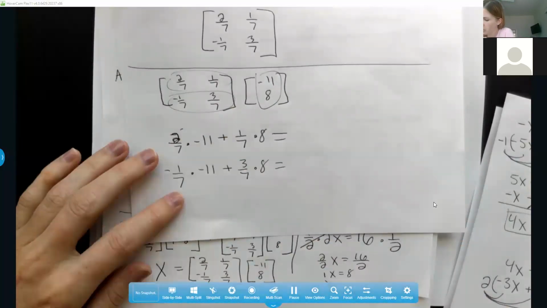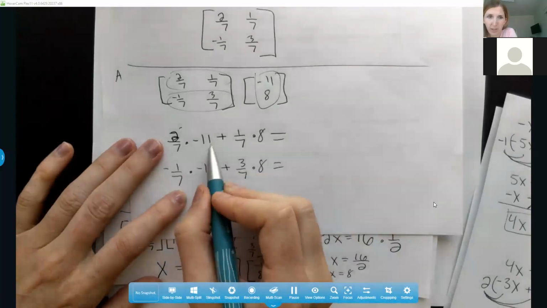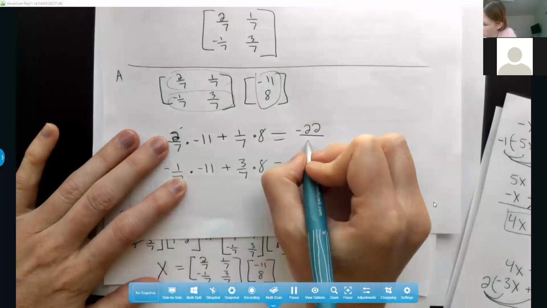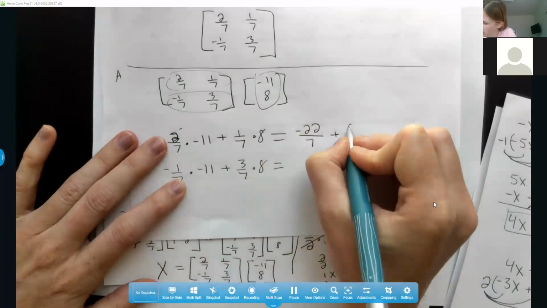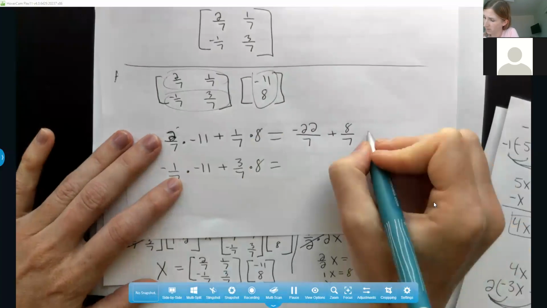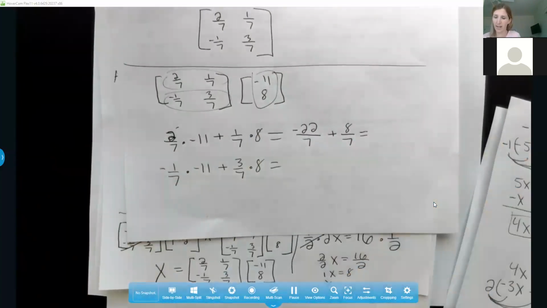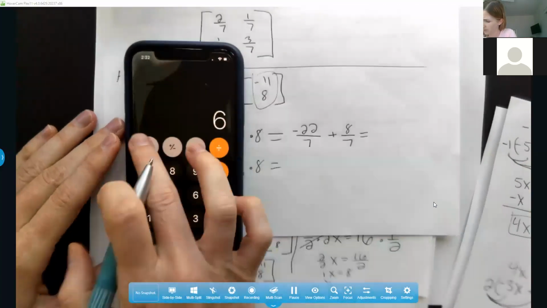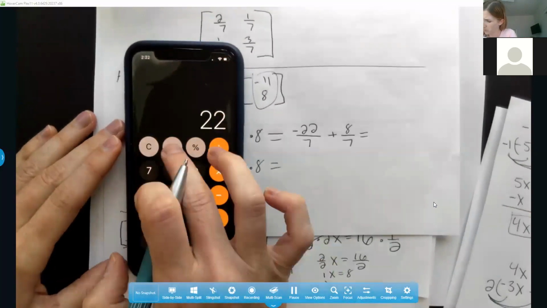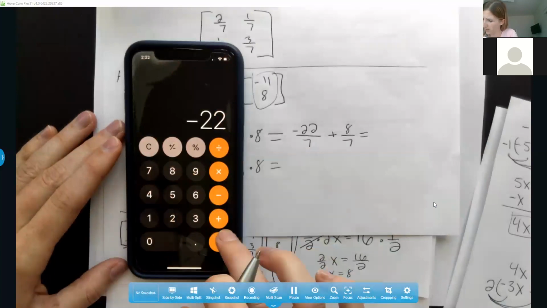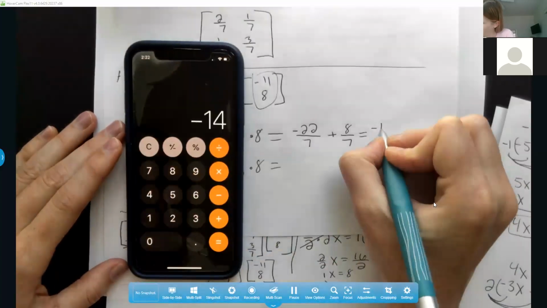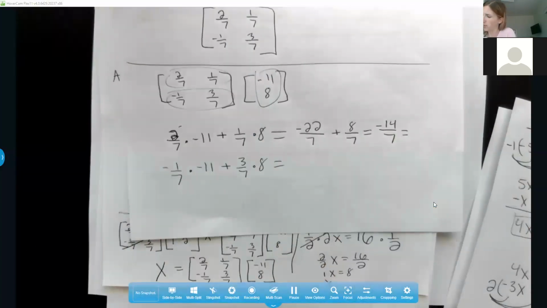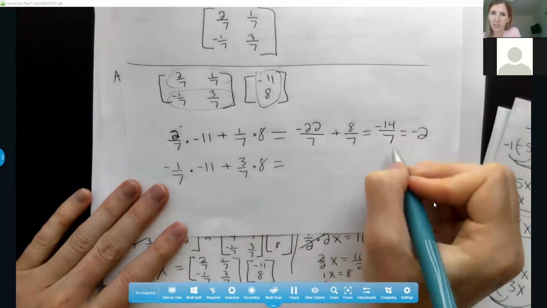All right. So when I multiply these out, I'm just going to multiply this number by the numerator. So that's going to give me -22/7 plus 8/7. And then I'm just going to add across. So -22 plus 8 is going to give me -14/7, which we know will simplify to -2 because -14 divided by 7 is -2.